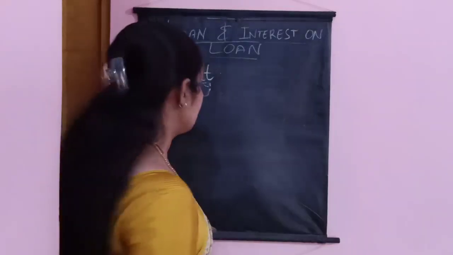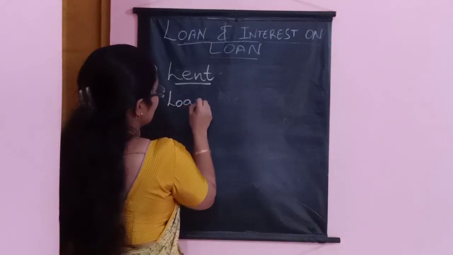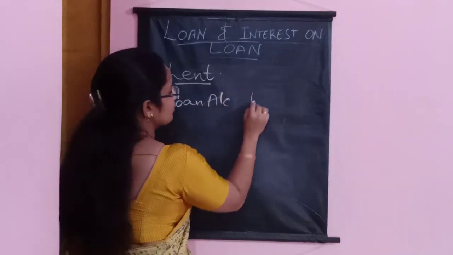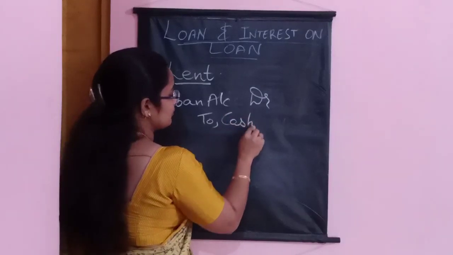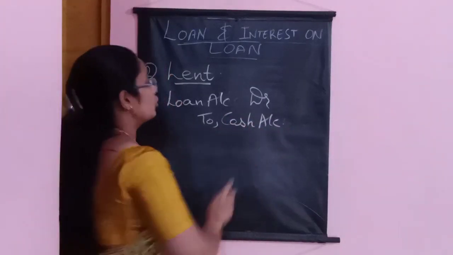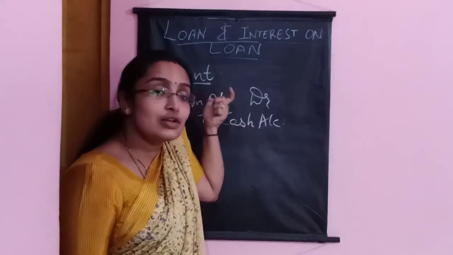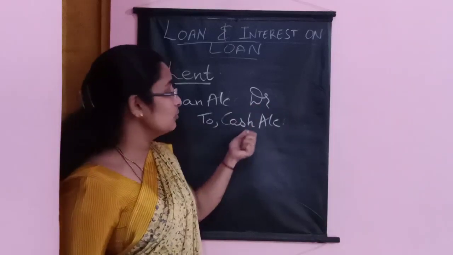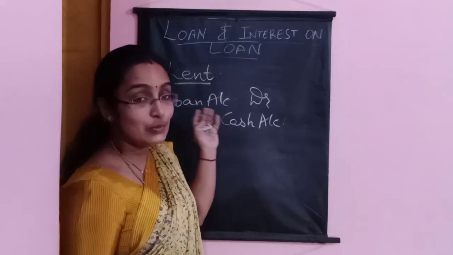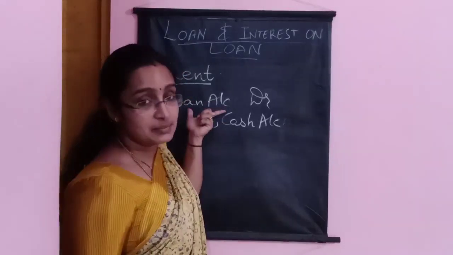So the entry will be loan account debit to cash. If we are giving the loan to Mr. Z, then Mr. Z's loan account debit to cash as cash is going out, and loan is an asset for us due to which it is debited.